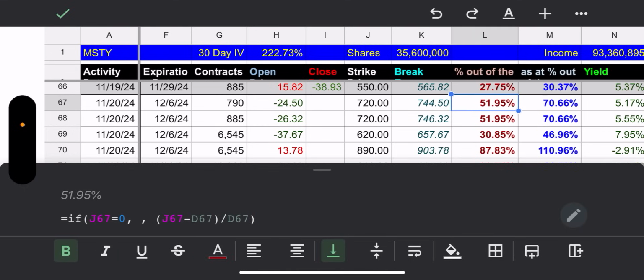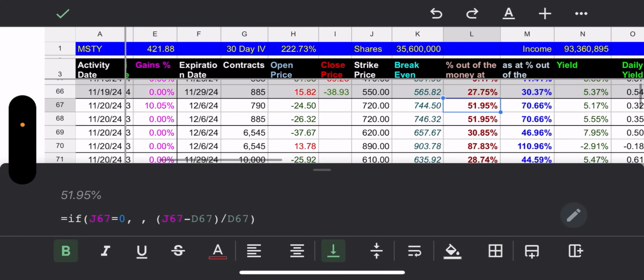All right, the next value is the percent out of the money. Now, this is the percent out of the money as of the trade, okay? So what does it do? It does, if J67 equals 0, then 0, right? So if there's no strike on that cell, then nothing goes in that field.